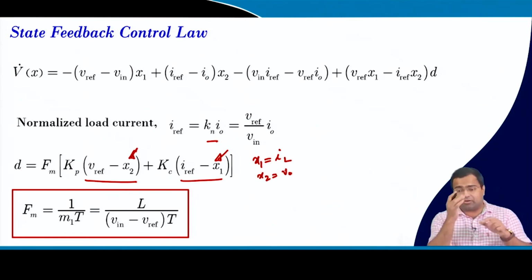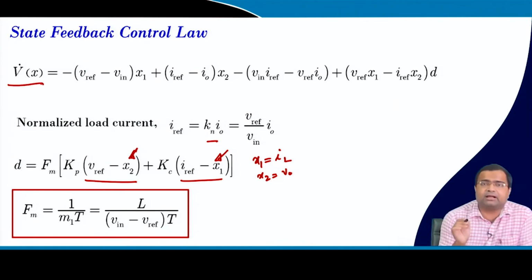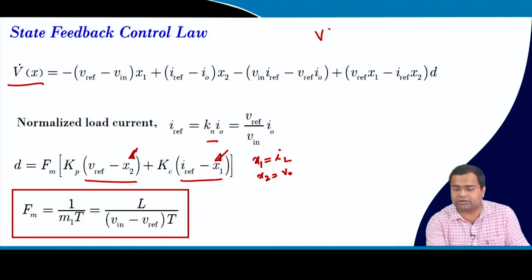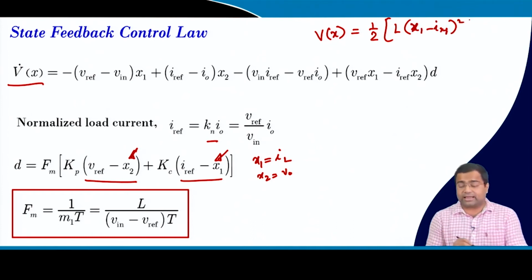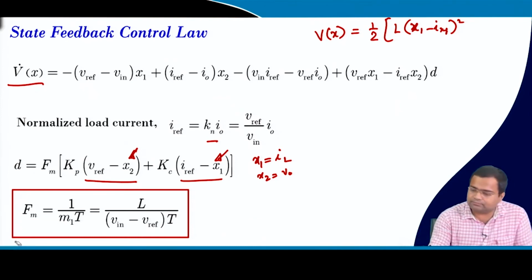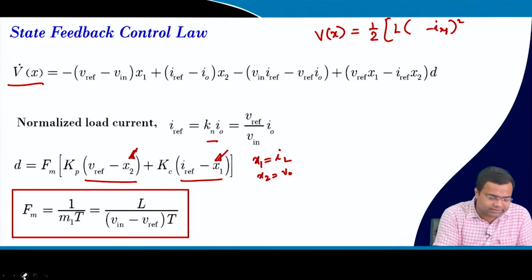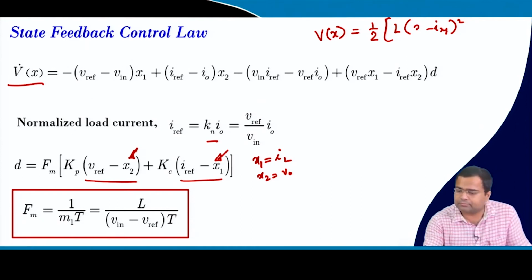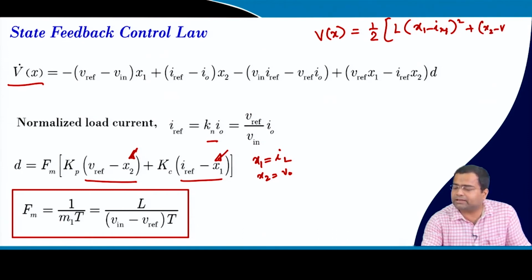In this control law, we have to ensure the derivative of the energy like function is negative. And what was our energy like function? We took this to be L times (x1 minus I ref) square, where x1 is our inductor current, plus C times (x2 minus V ref) square.